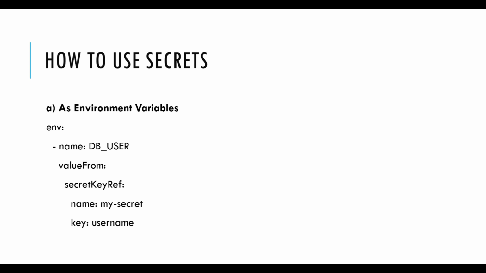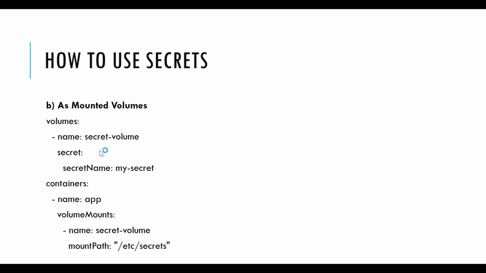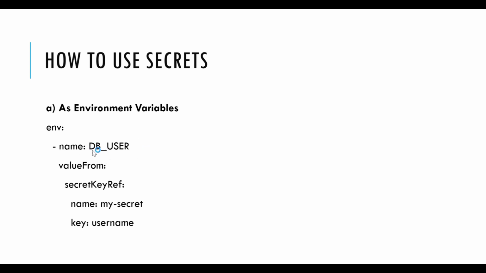Then how to use the secret. First of all, in a YAML file, the secret that we have created. In the deployment YAML, when we have the specification and everything, there we need to add this env, and we need to add the name, for example db, which we can name according to our own choice.